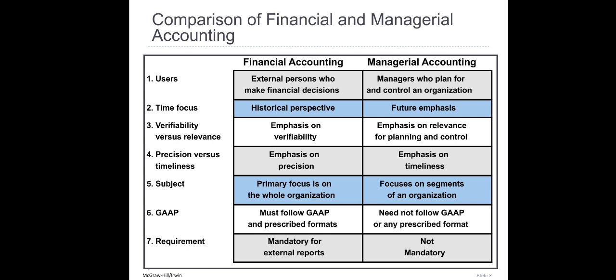You cannot disclose or share management accounting output with external users. No, because management accounting output, like budget and cost report, is supposed to be confidential. If you share the budget of a business with other people outside the business, then that is not good.